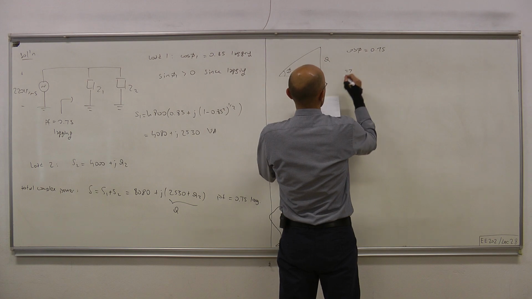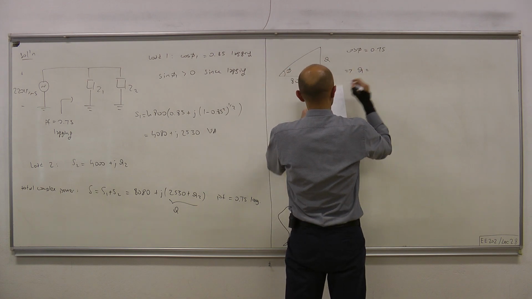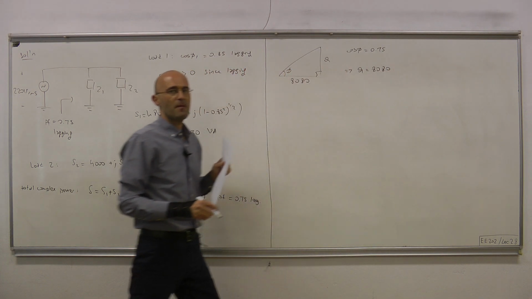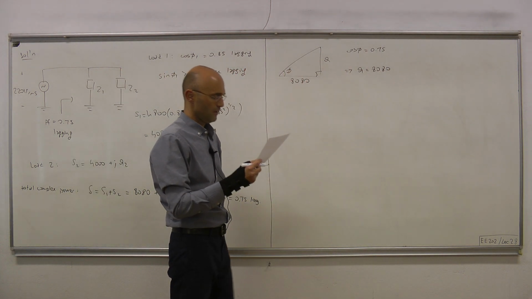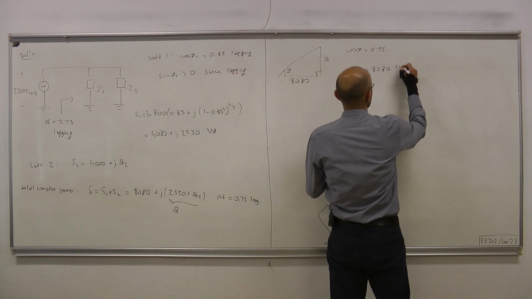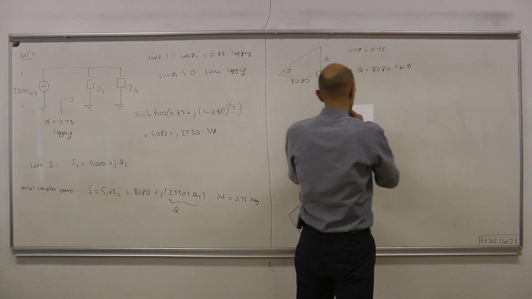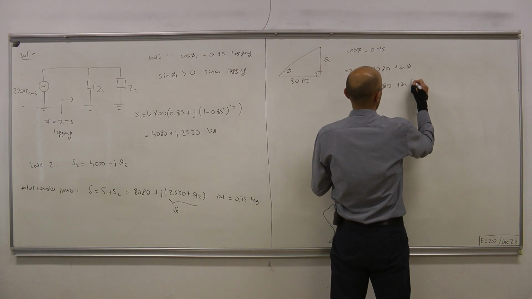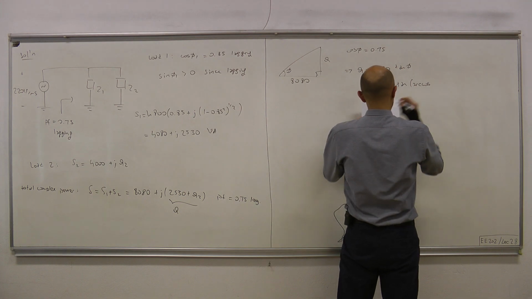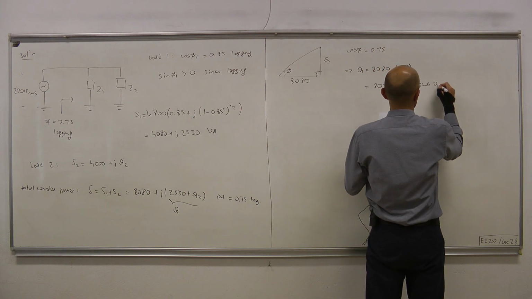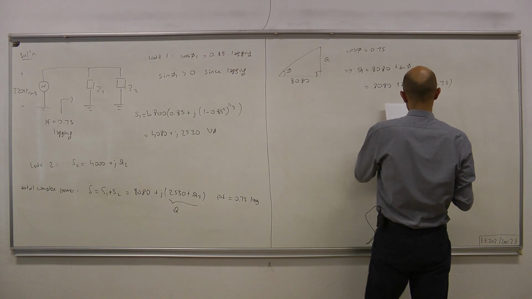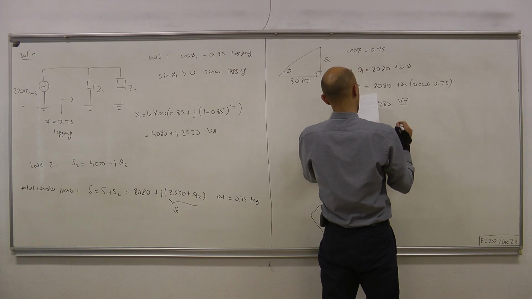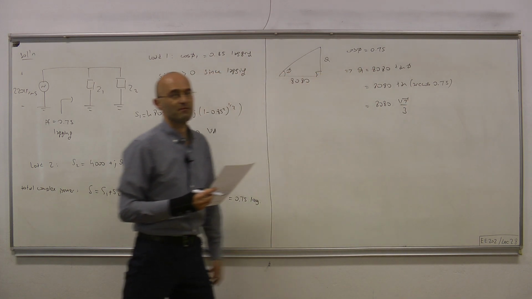Hence, Q equals this side times the tangent of this phi. And that's tangent of arccos 0.75, times the real power over 3.